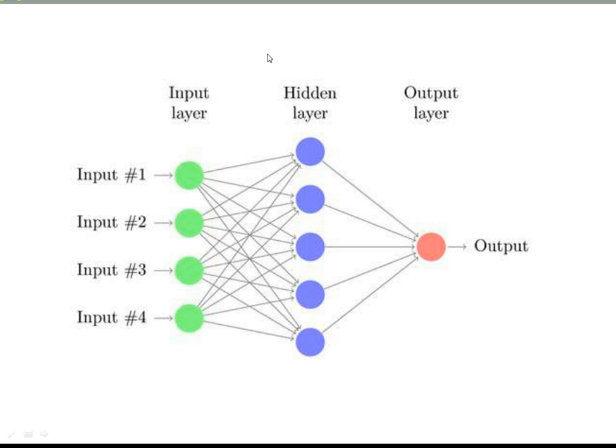This is a neural network. Now, what goes in here are the input variables. How many input variables do we have in this problem? 4. How about in the cheese problem?